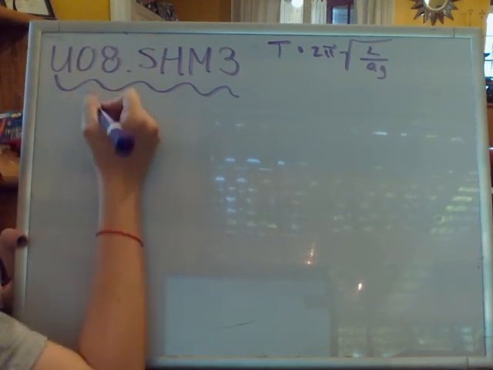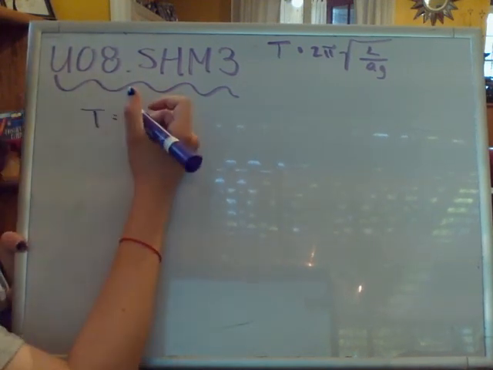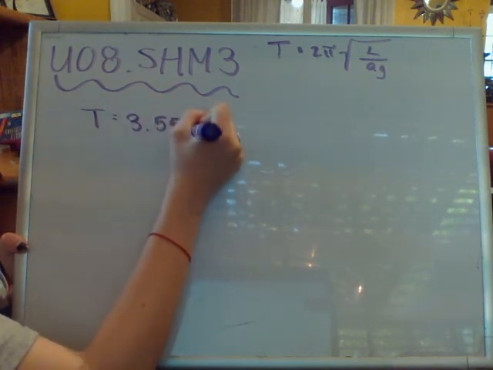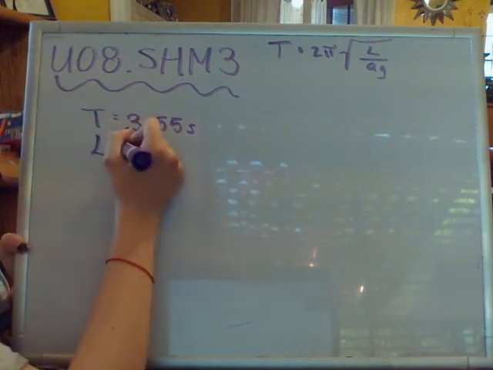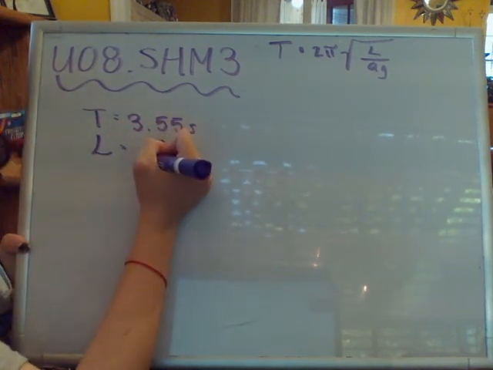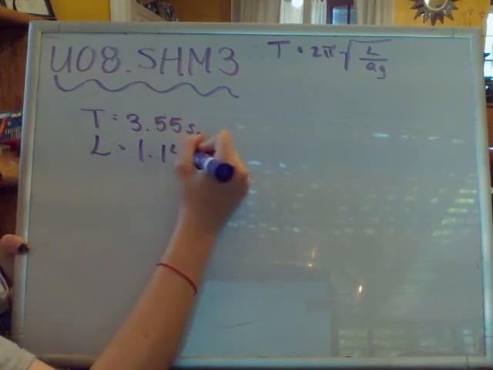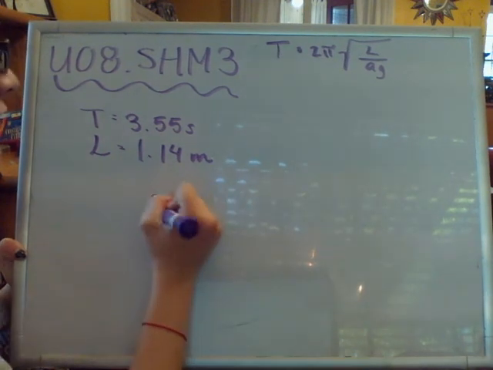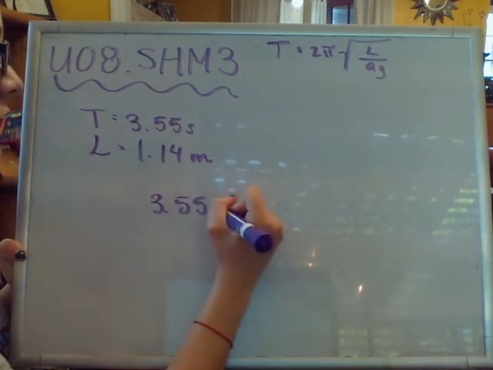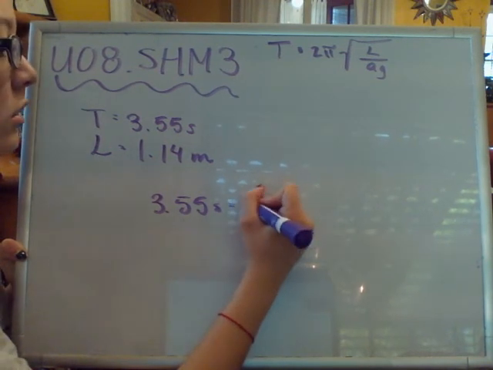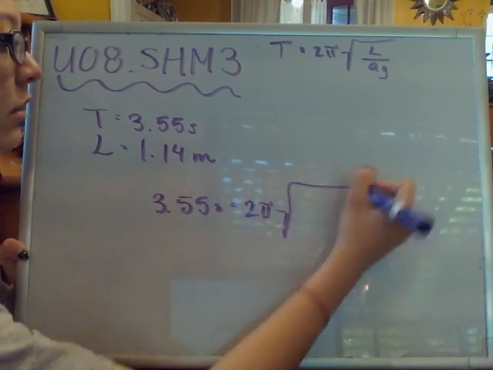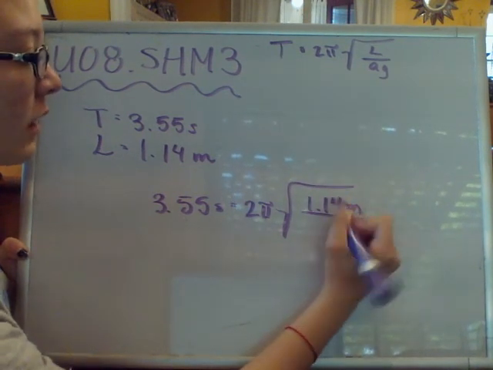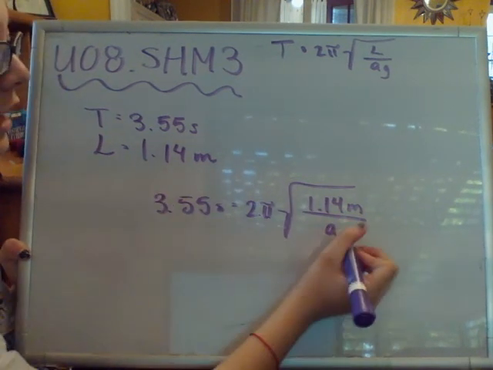So we know that the period is 3.55 seconds, and we know that the length of the pendulum is 1.14 meters, and we want to find the acceleration. So we plug that in and we have 3.55 seconds equals 2 pi times the square root of 1.14 meters over g.